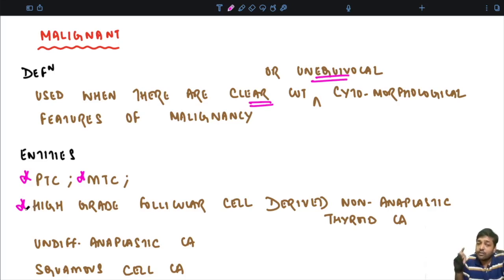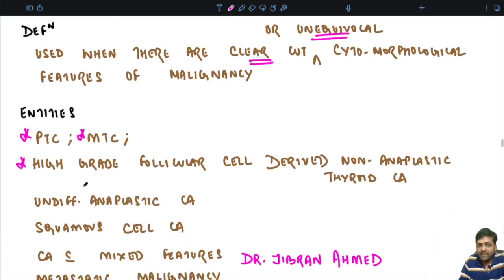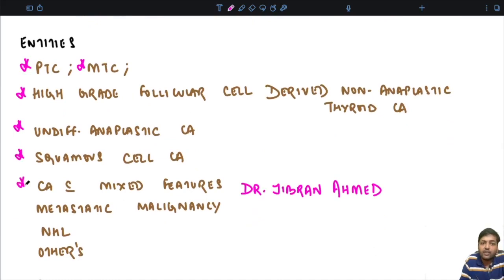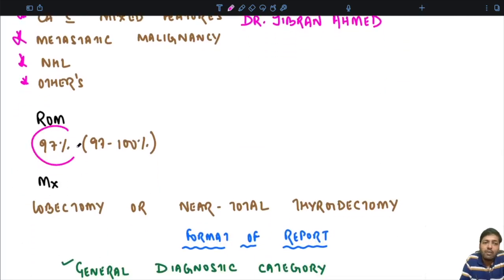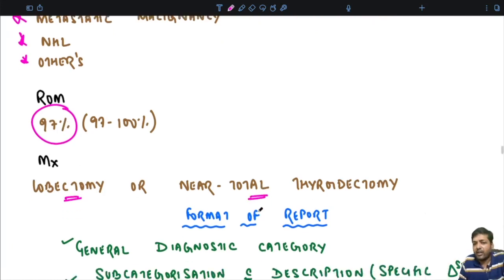This category also includes poorly differentiated thyroid carcinomas, undifferentiated anaplastic carcinomas, squamous cell carcinomas, carcinomas with mixed features, metastatic malignancies, NHL and others. Okay. What is the ROM? The ROM is 97%. The range is 97 to 100%. What is the management? Lobectomy or near total thyroidectomy.